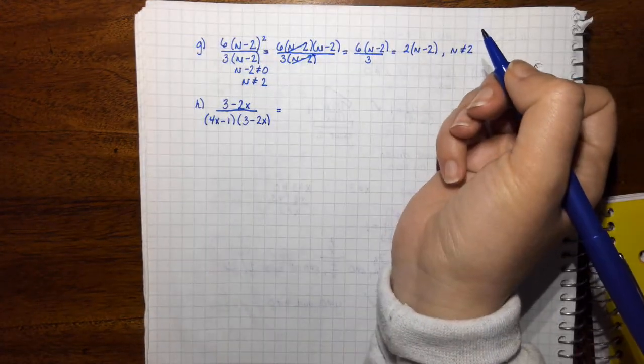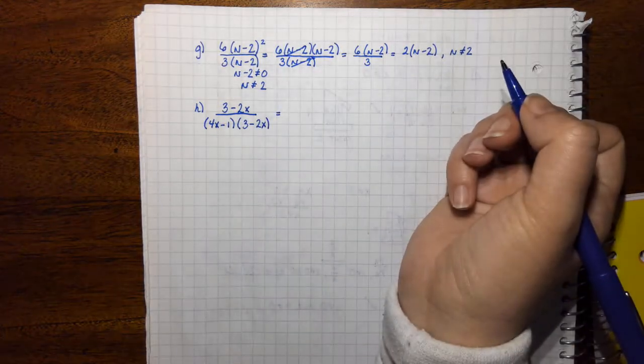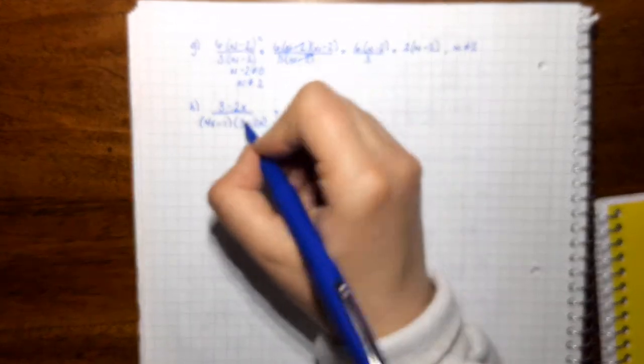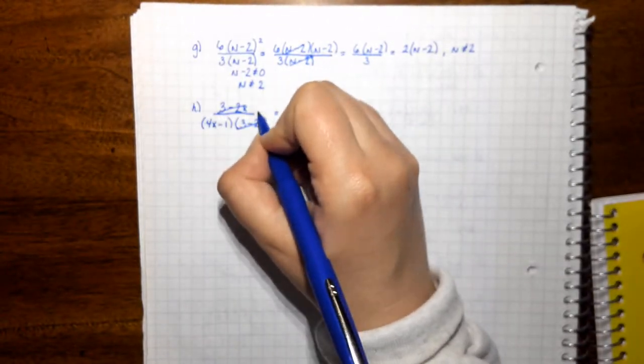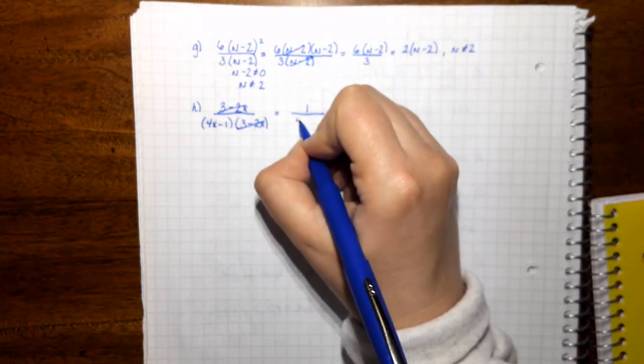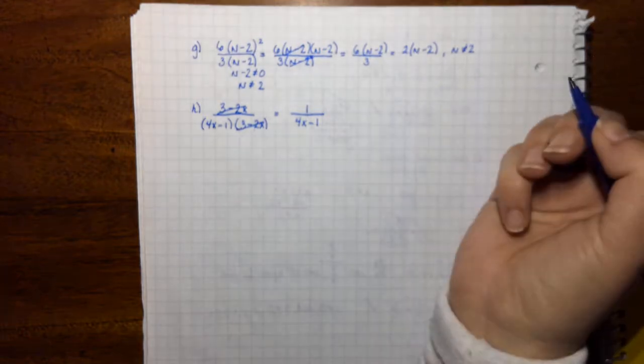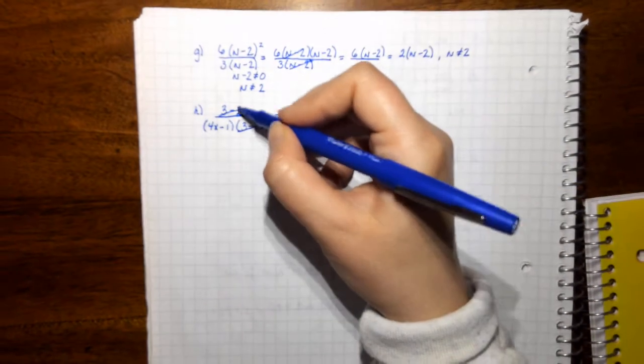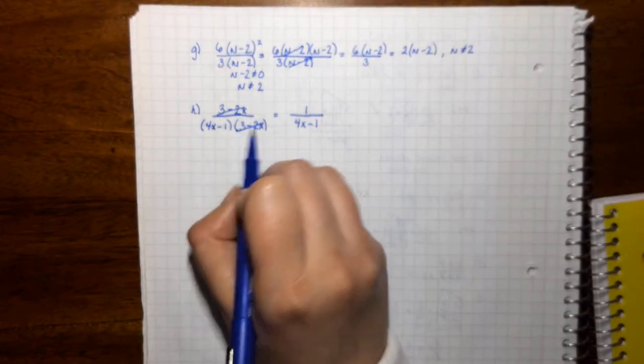I went all the way to h to get to this part, but I want you to see that if I cancel this, this is a 1, so I have 1 over 4x minus 1. This is a giant 1. 4x minus 1 is on the bottom, so there's still a 1 on top. That's as far as you can go. That's the answer, other than the exclusions.